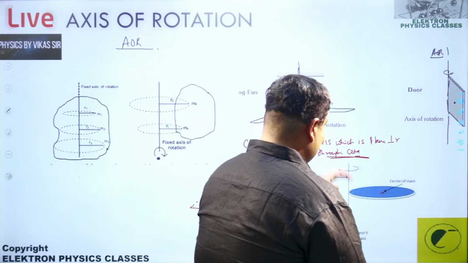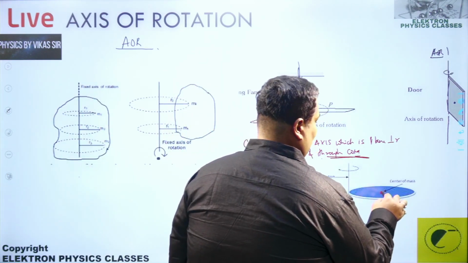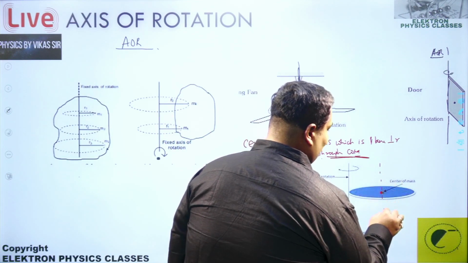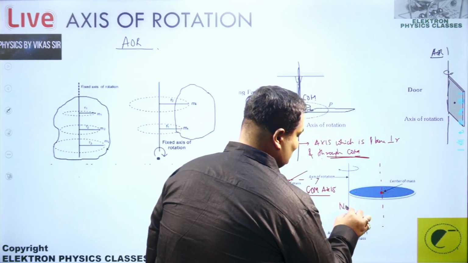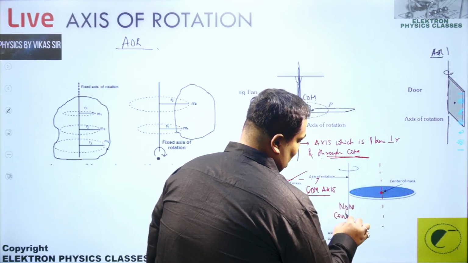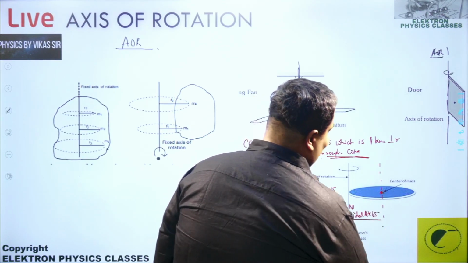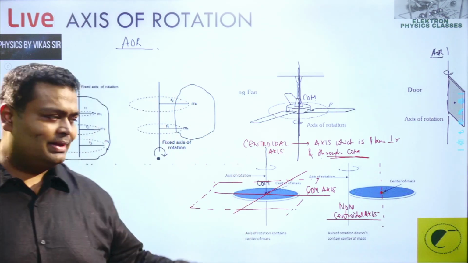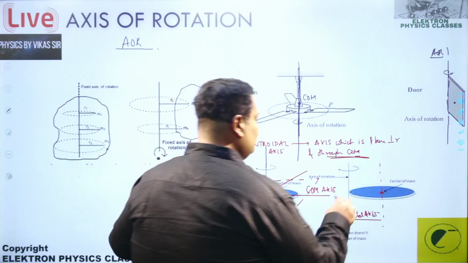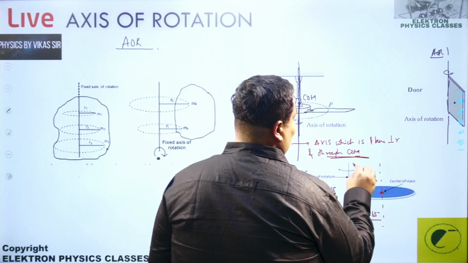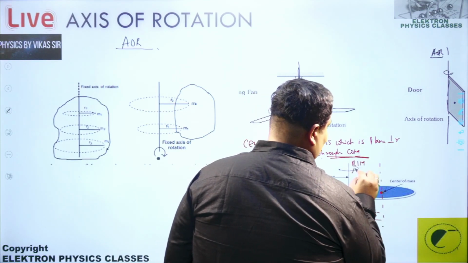But see this axis, this is not passing through the center of mass. This was a centroidal axis, not this one. So this is a non-centroidal axis, and this can be given many names. Now in this particular case, it is plane perpendicular and passes through the edge of the disk, so you can also say it's a rim axis, like it's passing through the rim.